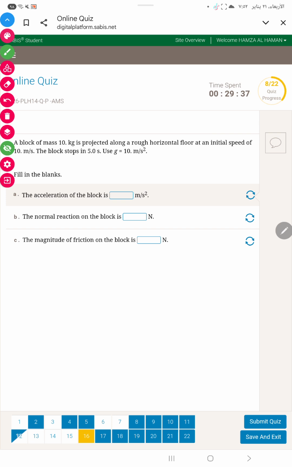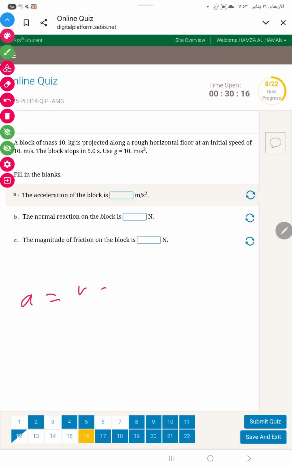A block of mass 10 kg is projected along a rough horizontal floor at an initial speed of 10 meters per second. The block stops in 5 seconds. Use g equal 10. The acceleration of the block is what? So first step, we have to find acceleration.